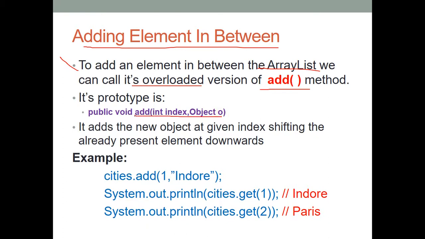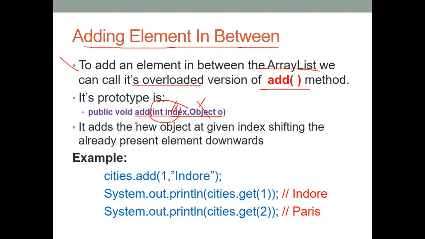It's an overloaded method, so we can use public void add(int index, Object), and through this index number we can pass the object also. So these objects are going to be inserted at this index position. It's not replace.